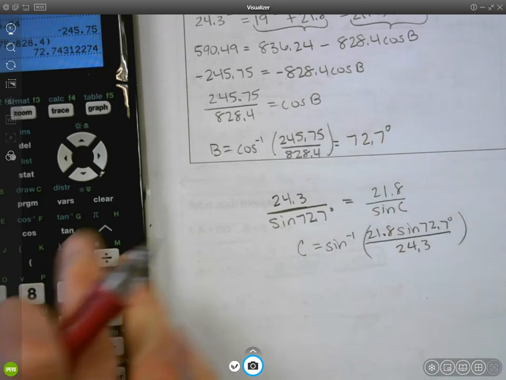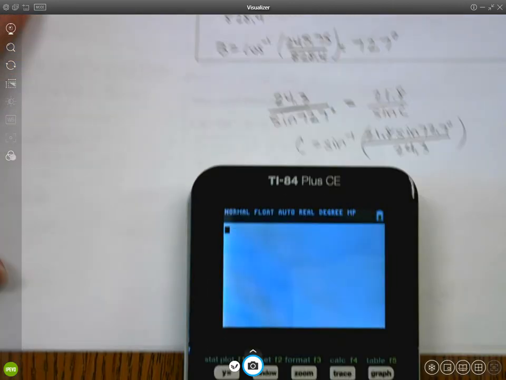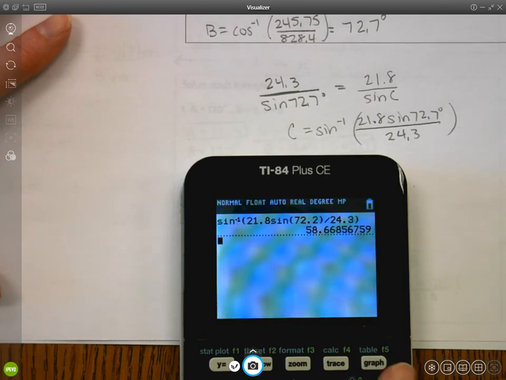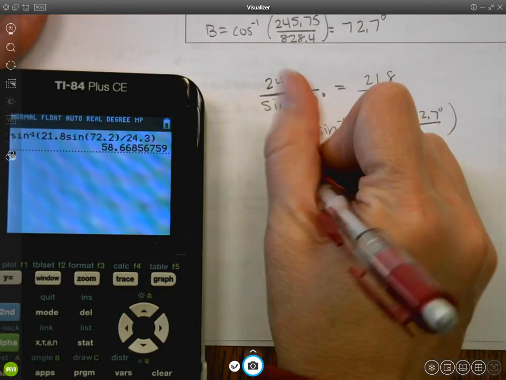Lots of decimals, so be extra careful when you put that in your calculator. And 58.7.